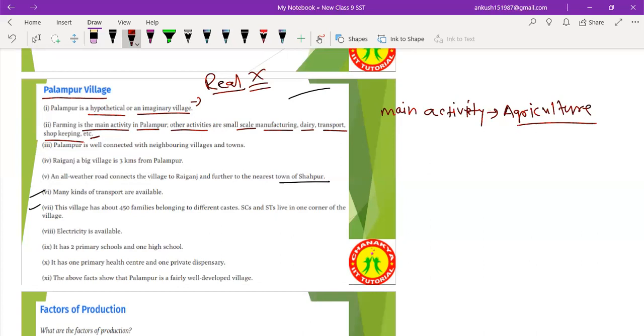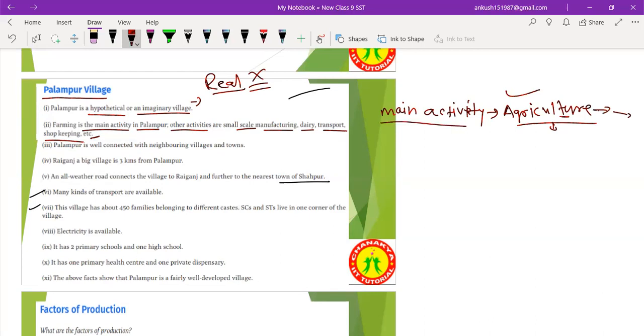Nowadays many other manufacturing units and industries have grown up in our country as well. They are flourishing. But in one way or another, all those industries are related to agriculture, because raw material is produced in agriculture only. Are you getting the point?